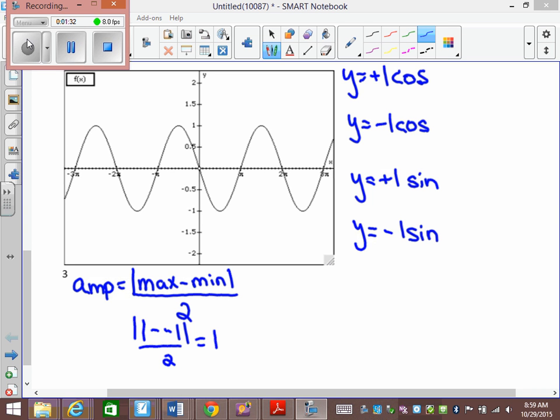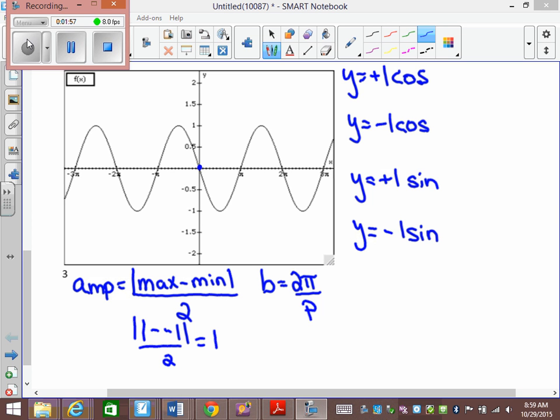Now, our b's are all the same no matter which graph as well. So b is 2 pi divided by p, because p is 2 pi divided by b. Remember, these just switch, the b's and the p's. So we have to figure out the period of this graph, when it repeats itself. You can go from max to max, which doesn't look like fun, because there are a whole bajillion little ticks in between.